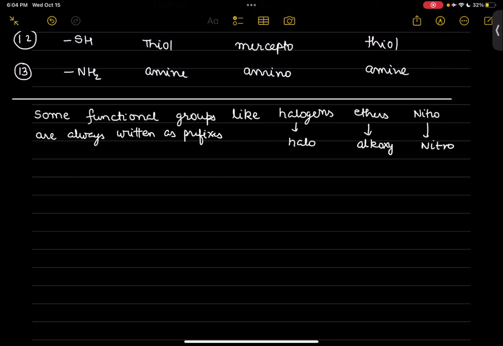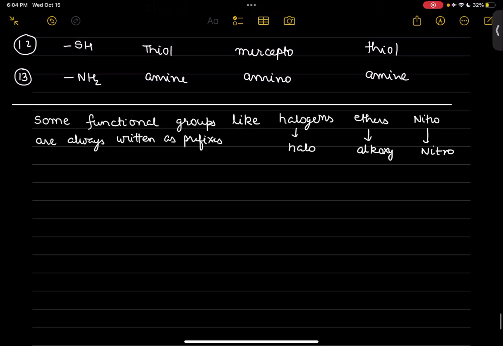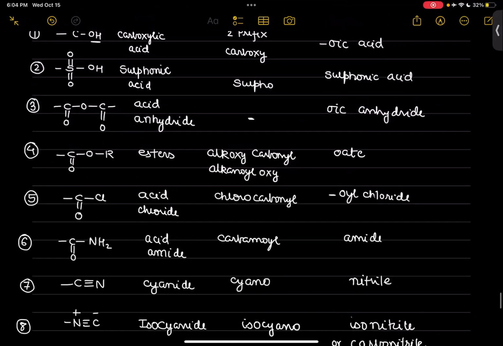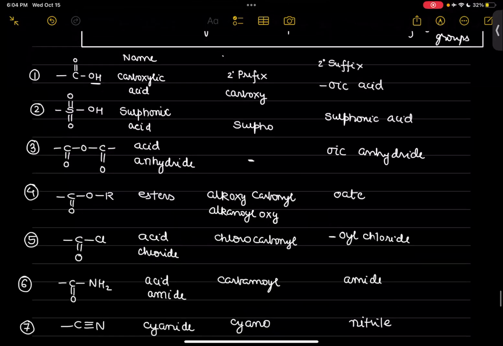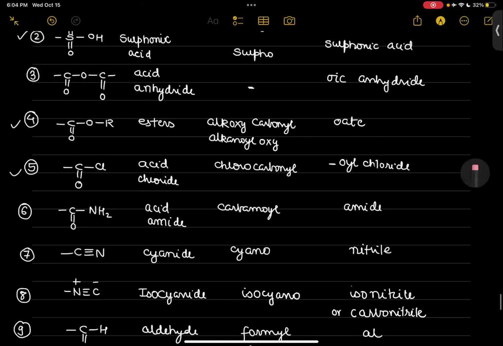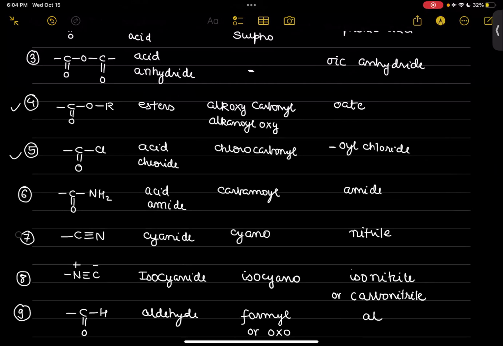So they don't bother us much. Okay, clear? Getting my point? Who is going to bother us much? These are going to bother us. In this, which functional groups are most common? Carboxylic acid, sulfonic acid, alcohol, acid chloride, aldehyde, ketones, very important.